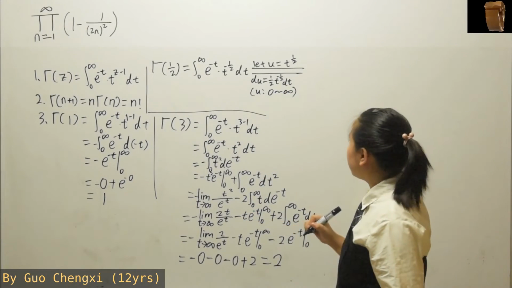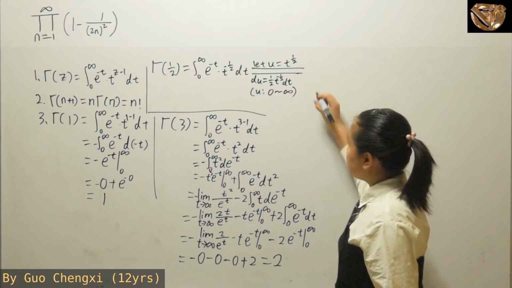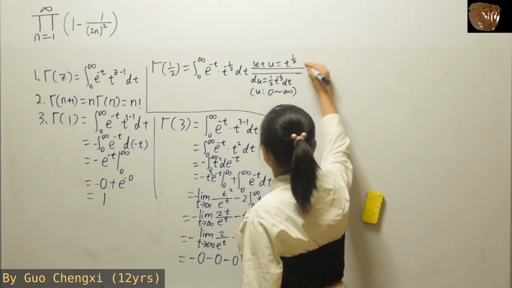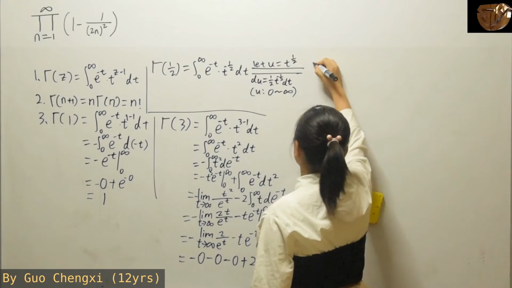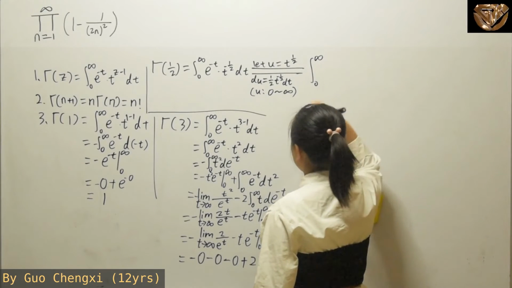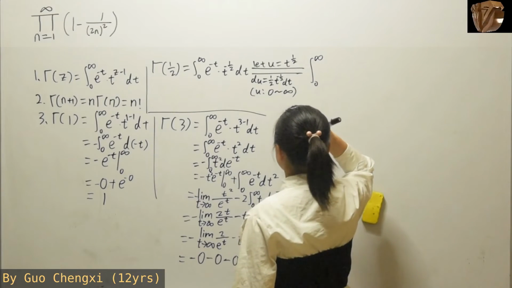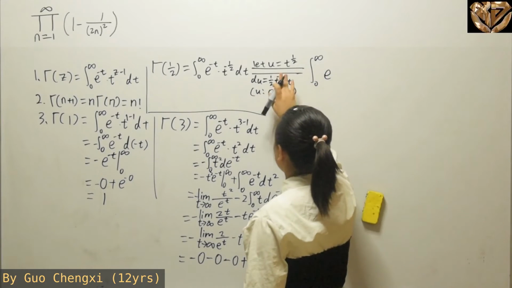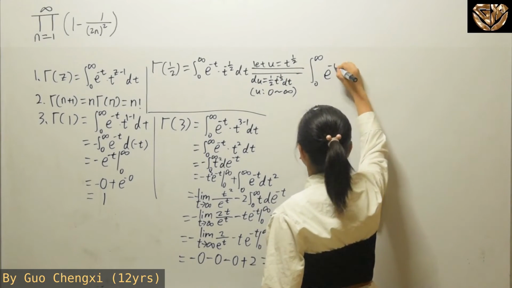Now that we have this new variable u, it will be equal to the integral from 0 to infinity. And for this power, as you can see, it will become u squared.